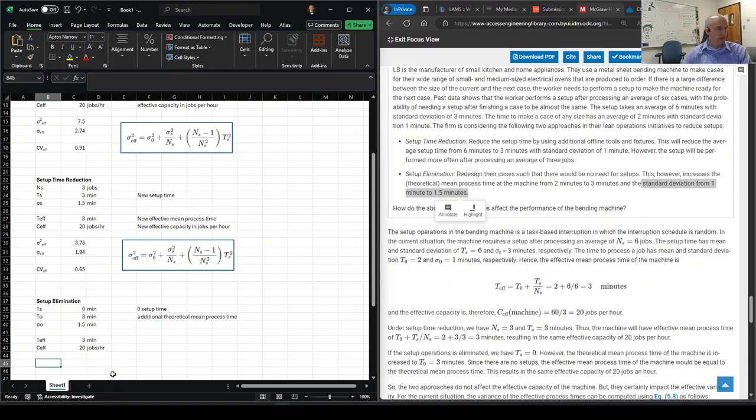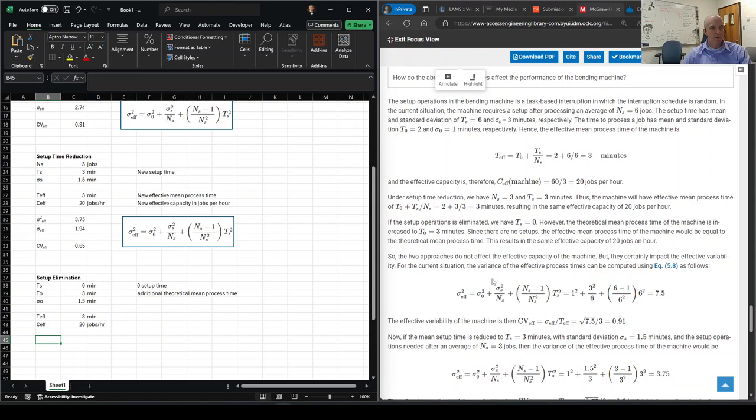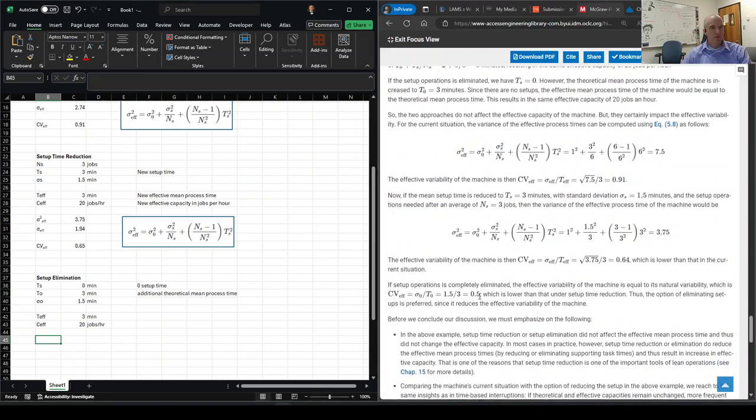So if that's that, then we can come down here and figure out this formula, which is the effective variability, given that there's no setup. We already have our standard deviation of the theoretical process time. We have our average time of the theoretical process time. We can use those to find out the effective variability from an effective process time, because again, there is no setup.